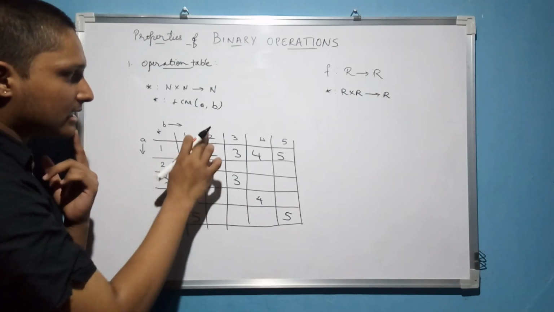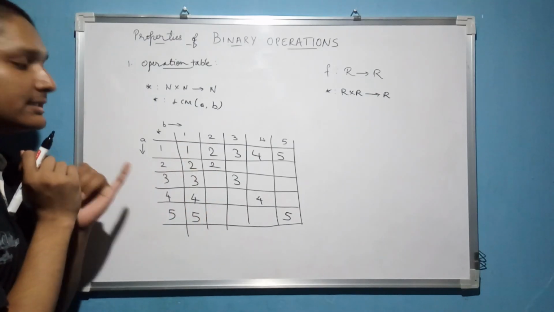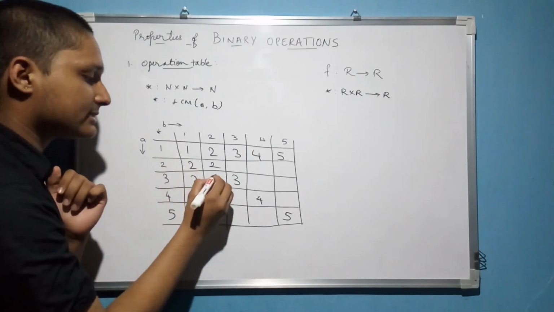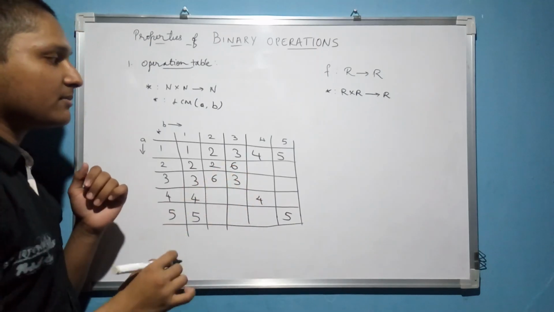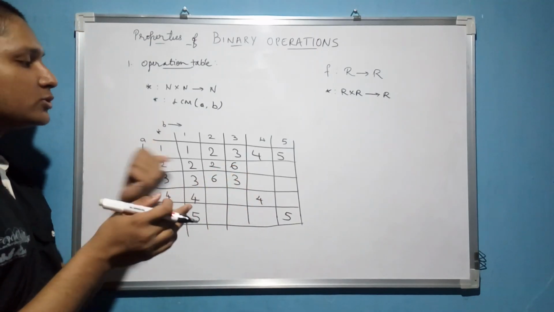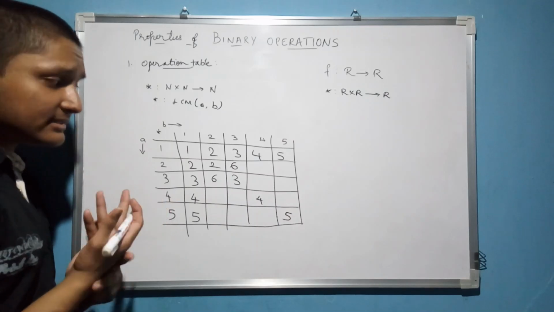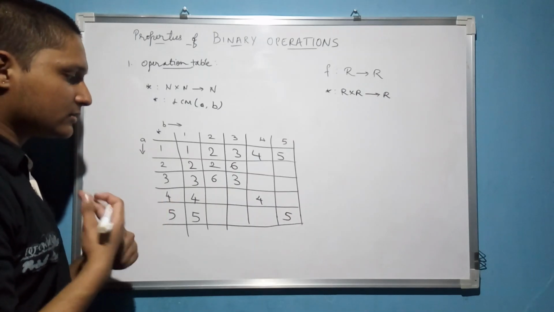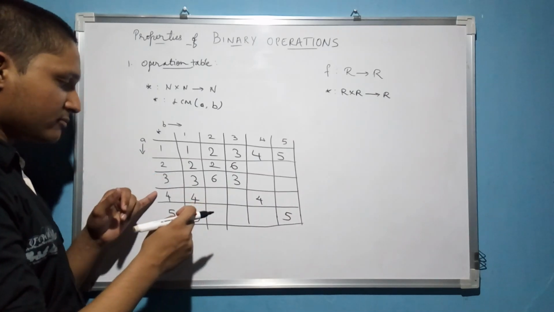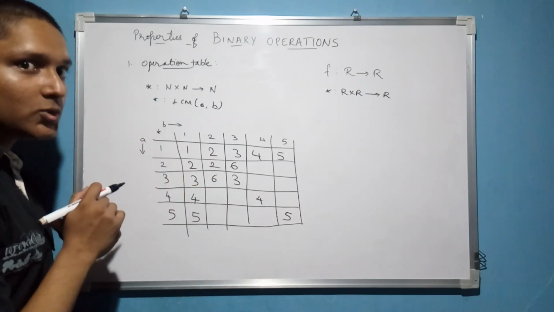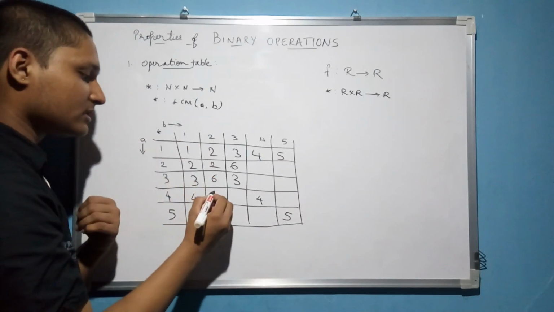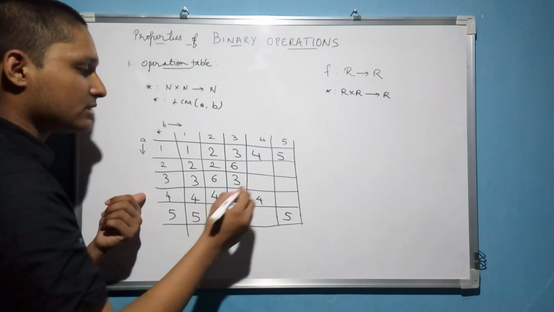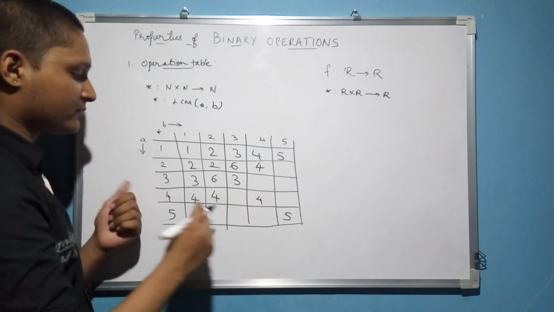This is 3 star 2, the LCM of 3 and 2. That comes to be 6. This is also the same because it's the opposite: LCM of 2 and 3 is 6 itself. Next, LCM of 4 and 2 is 4, so I'll get a 4 here too.